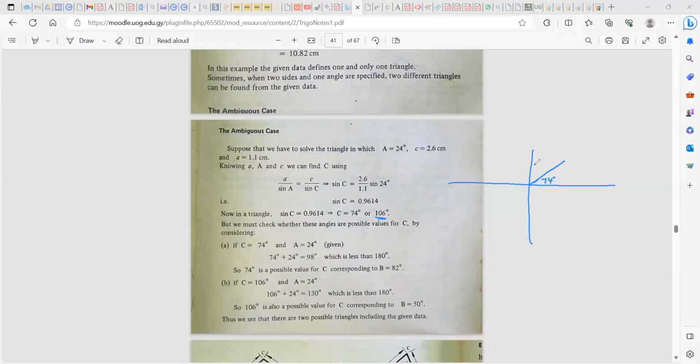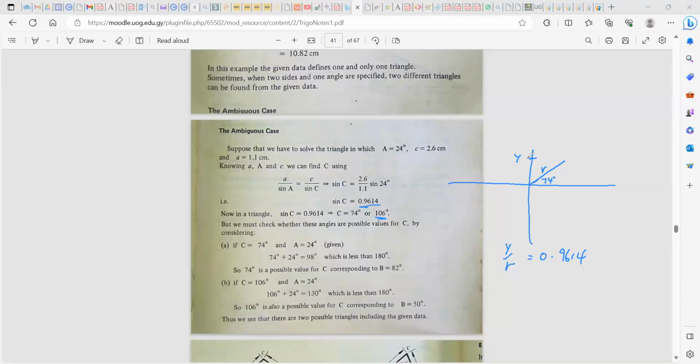And there's an associated y coordinate here, an r, such that y over r equals 0.9614. That's what that is saying, right?